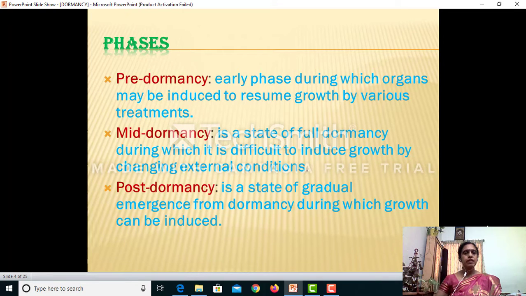That is, this is the period before the proper dormancy starts, and during this period, if we treat the plant organ or the seed or bud with some chemicals which can break the dormancy, it can be broken. The next is mid-dormancy. It is a state of full dormancy during which it is difficult to induce growth by changing external conditions. Next is post-dormancy. It is a state of gradual emergence from dormancy during which growth can be induced.